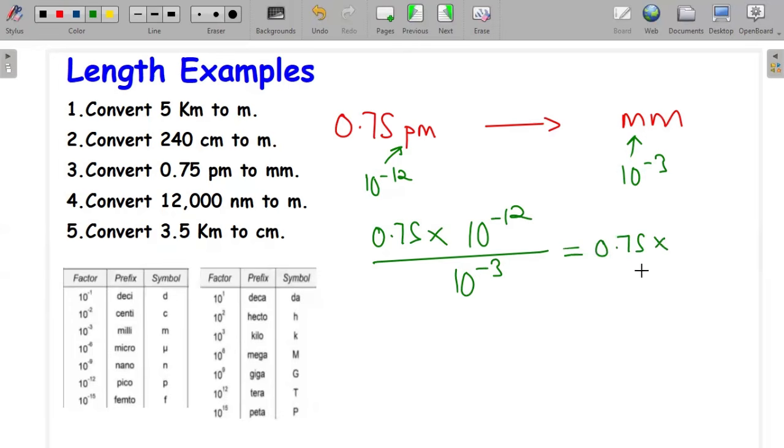So this will be the same as 0.75 multiplied by 10 to the power minus 12 divided by 10 to the power minus 3. If I'm dividing things that have the same base, then I just subtract their powers.